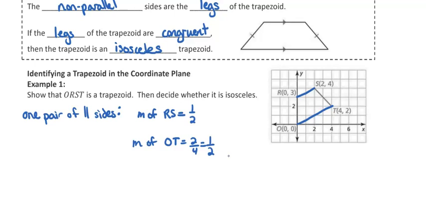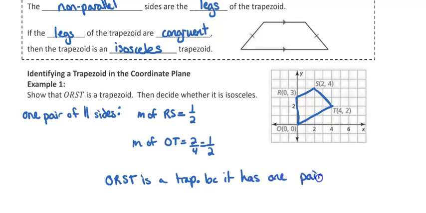Because they are parallel, that tells us that it is a trapezoid because it has one pair of parallel sides. Technically we should probably also show that side RO is not parallel to ST, but that's obvious by looking. So ORST is a trapezoid because it has one pair of parallel sides.